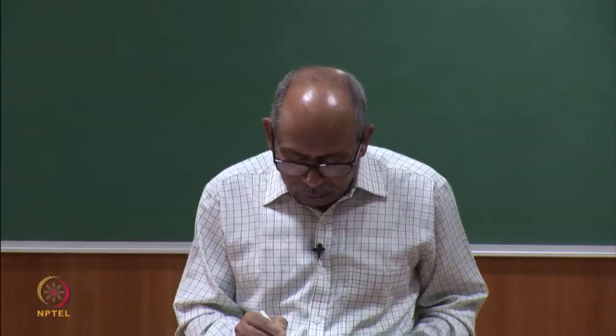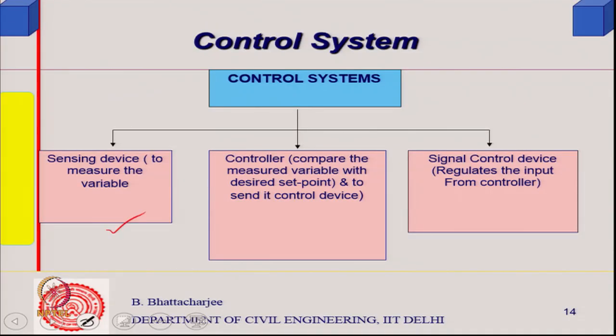So, control systems will have sensing devices, to measure the values of the design variable which we talked about earlier. Controllers compare the measured variable with the desired set point, that we have already talked about, and send a signal to the control device. Control devices regulate the input to the controller, for example, proportional valve opening, etc., that is what the control system does.